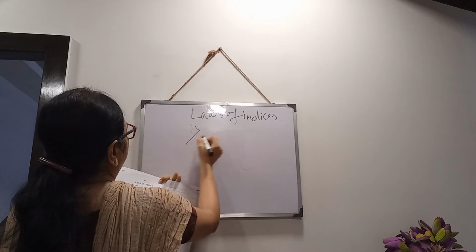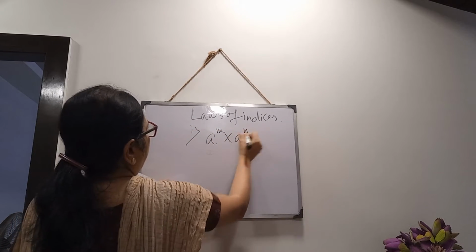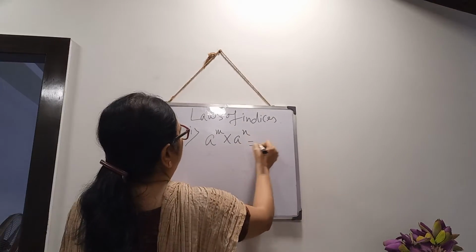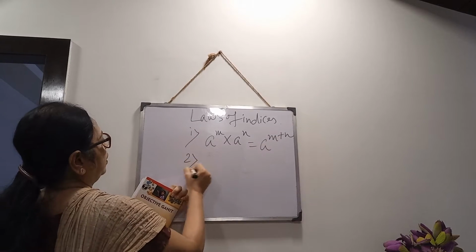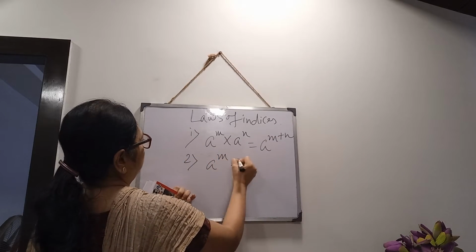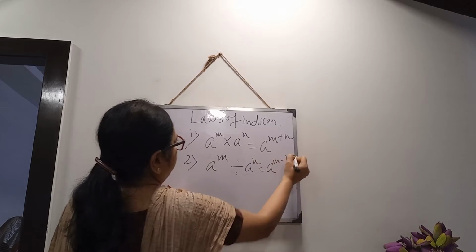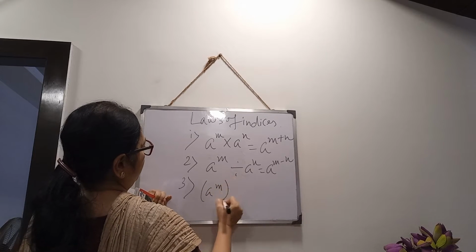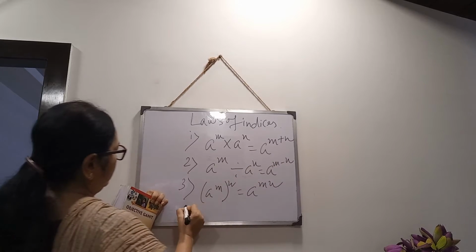Basic rules are that if the base is the same and there is multiplication, the powers will be added. Number 2, in case of division, powers will be subtracted. Then if this is in this form, powers will be multiplied.